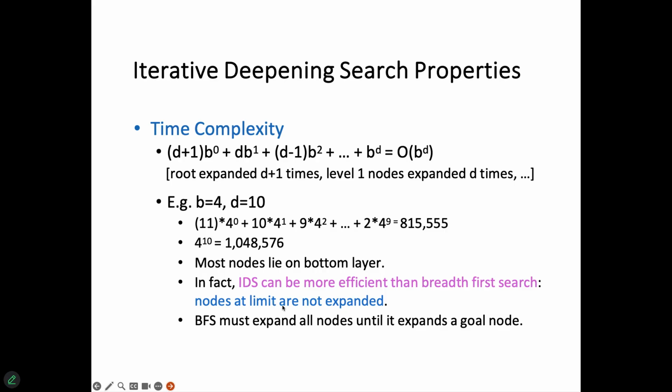So I just wanted to say that this can even be more efficient than the breadth first search, because nodes at the limit are not expanded. But in breadth first search, for example, we expand all the nodes until we expand a goal node. Okay.